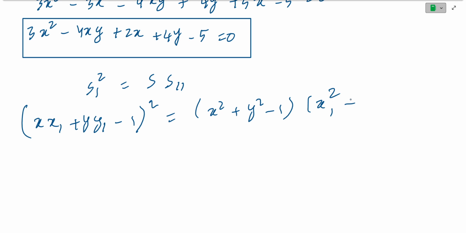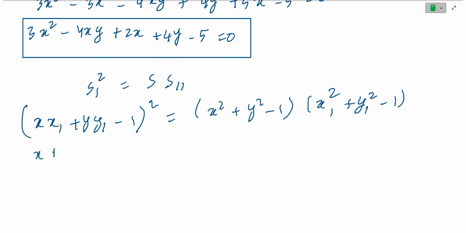S11 means x1 square plus y1 square minus 1. In the place of x1 and y1, we have to substitute (1, 2), because the x coordinate is 1 and the y coordinate is 2.